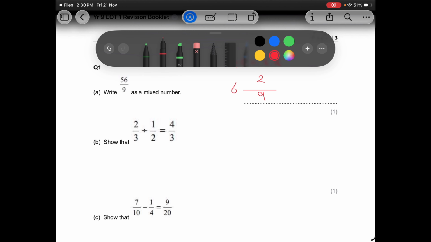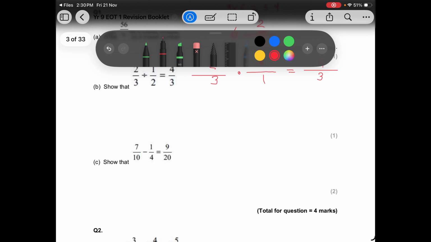So it will be 2 over 3 times 2 over 1. And if you multiply the top by the top and the bottom by the bottom, you will end up with 2 times 2 is 4, 3 times 1 is 3, and that's it, guys.